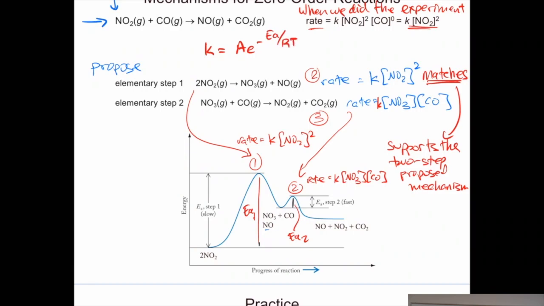So as the activation energy increases, K decreases. And if K decreases, that means the rate gets slower. So higher activation energy, K is lower, which means that the reaction is slower. You just got to get used to thinking about these things. We're not even putting numbers to this. We're just saying faster and slower.